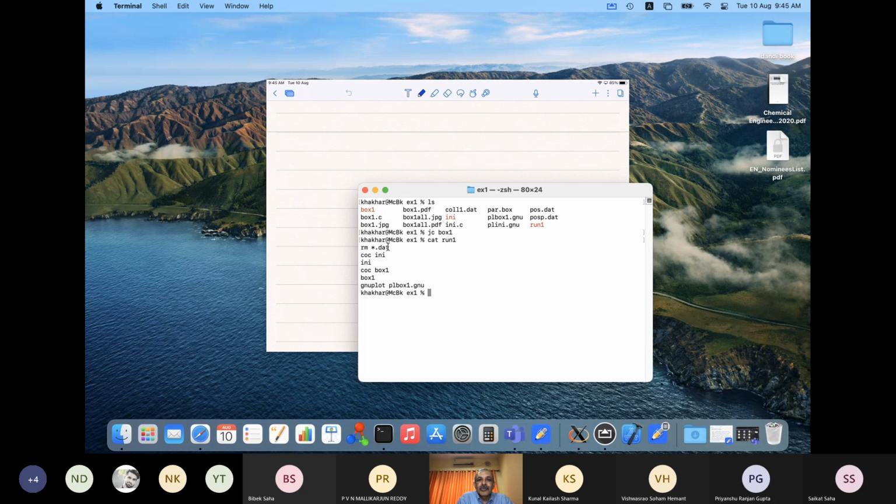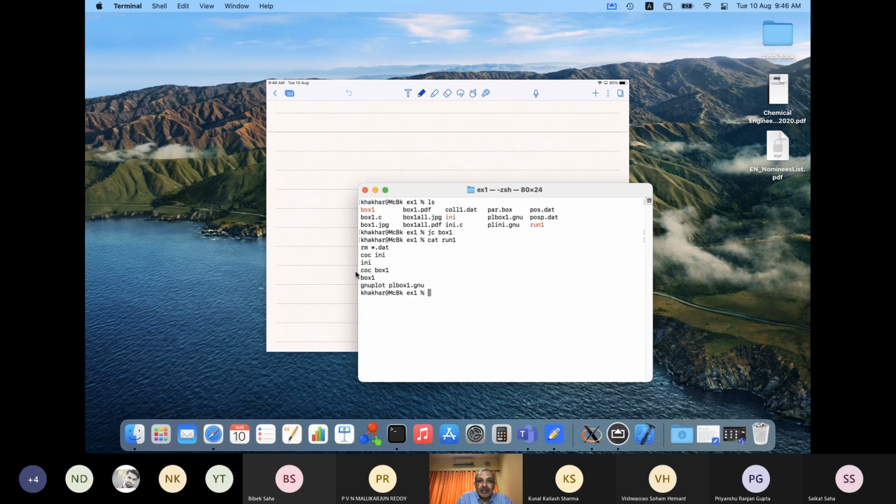Here it says remove star.dat, which means remove all files which have .dat as the extension, then compile the initialization program, run it, compile the program box, run it. Then there is a graphics program called GNU plot which I use to plot the positions. I ran this last time also.